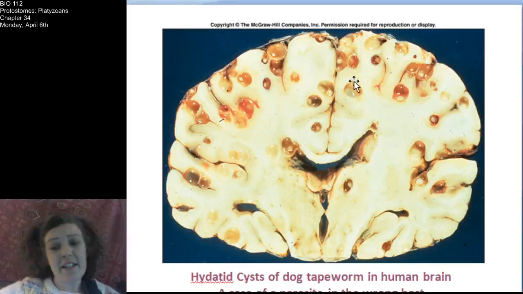So these hydatid cysts, you especially see this though when you have a parasite in the wrong host. If the parasite survives, it can wreak havoc on that host. So again, this is a dog tapeworm, but the tapeworm went to that brain.